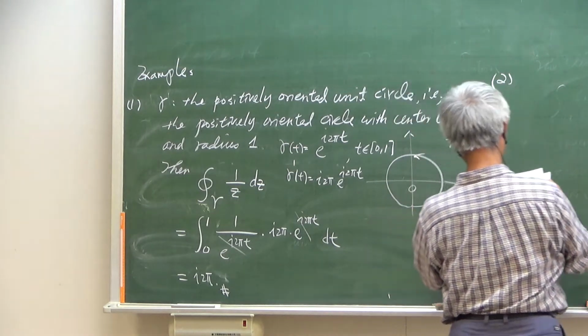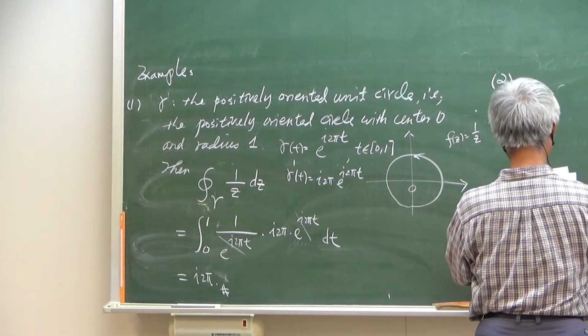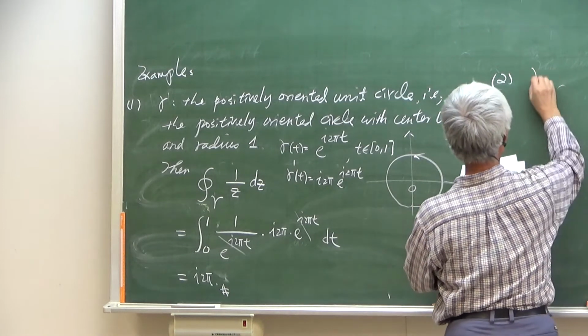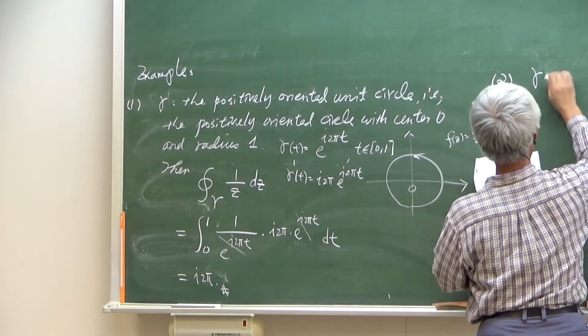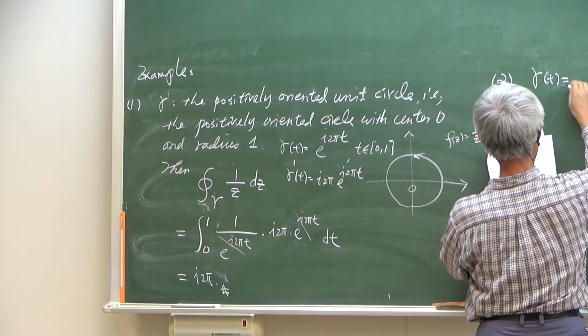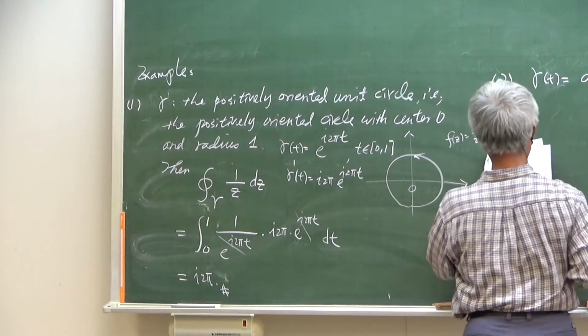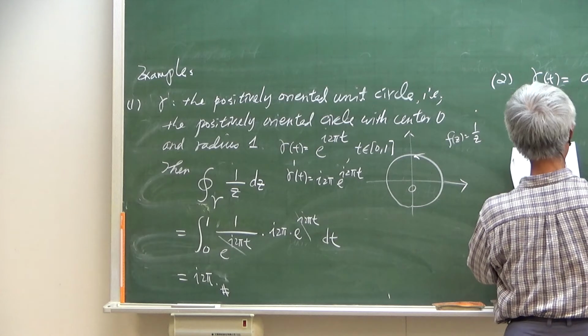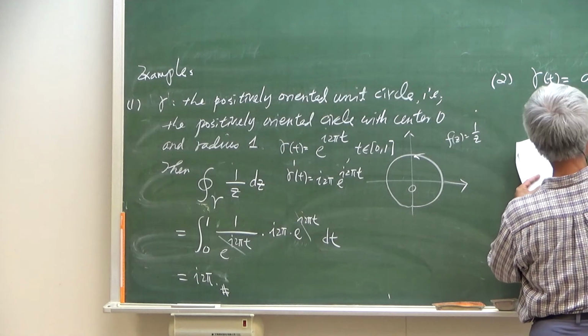Second example. So this time gamma is a positive oriented circle with center a and radius rho.